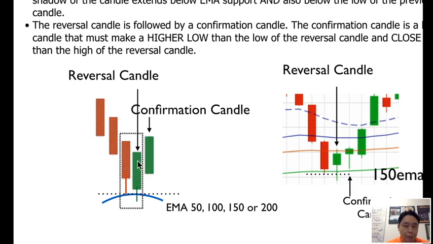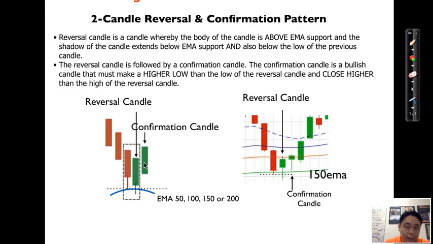It could be bearish and bullish, or bullish and bearish. The color doesn't matter. But for the confirmation candle, it must be a bullish candle for this particular long setup when we're going long. Okay, so I repeat, the confirmation candle must be a bullish candle. But the 2 candles that make up the reversal pattern do not have to be any specific color. All right?